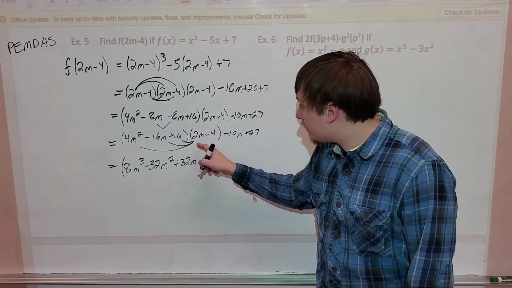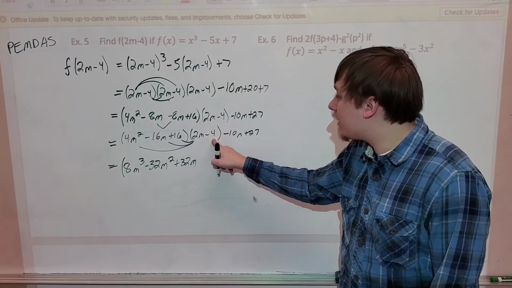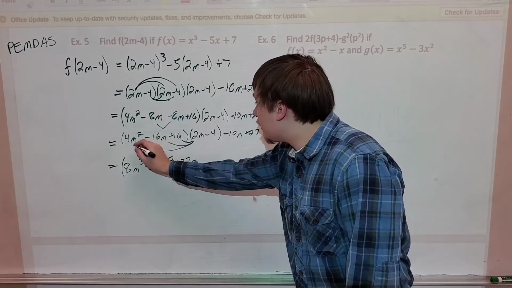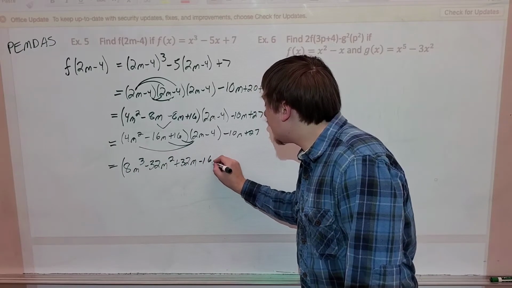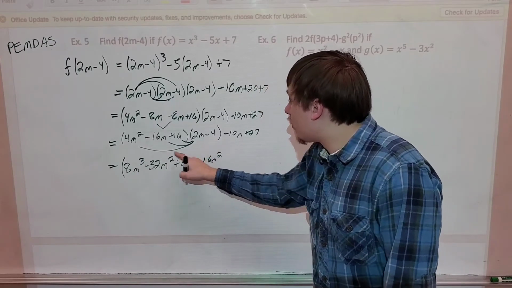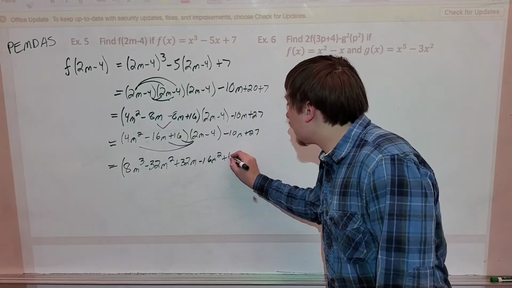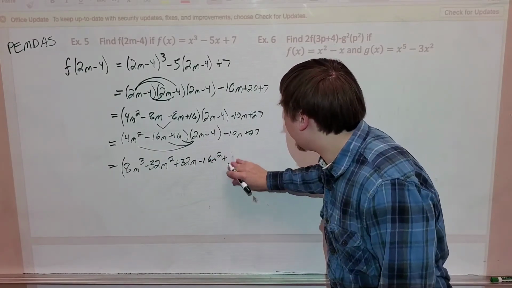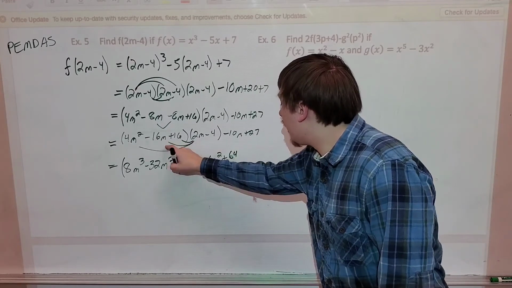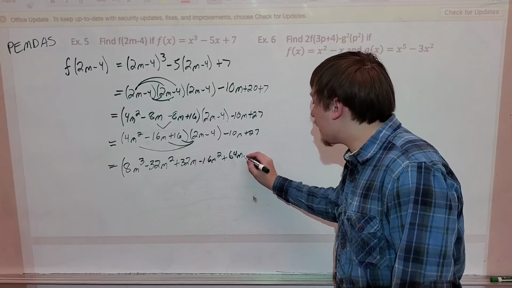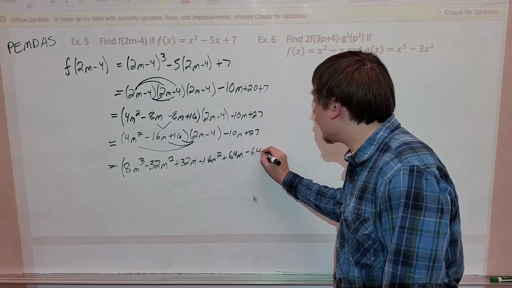Okay, and then just like we did before, I got to distribute the 2m and distribute the negative 4. So let's do that. Negative 4 times 4m squared, that's negative 16m squared. Negative 4 times negative 16 is 64 with an m, and then negative 4 times a positive 16 is a negative 64.